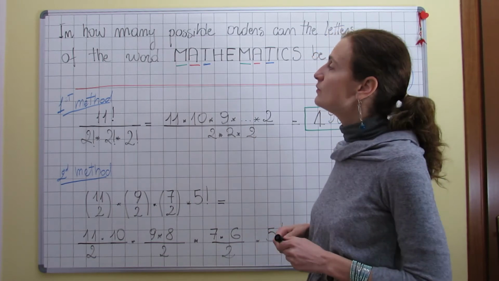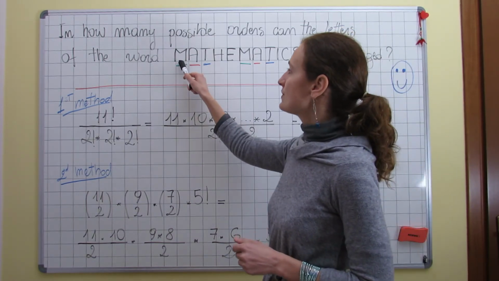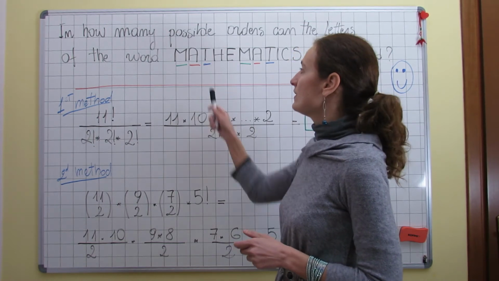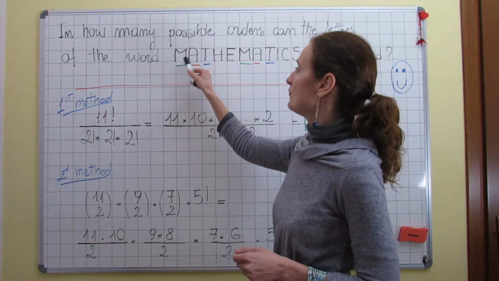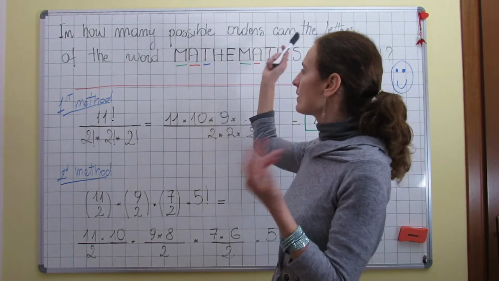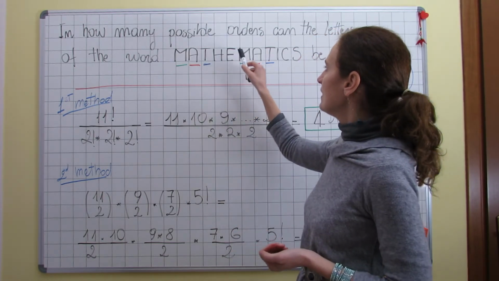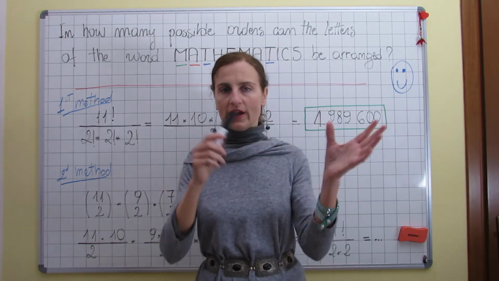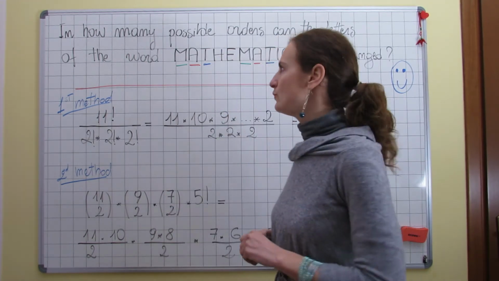So you can put the two M's in the first and in the second cell, or in the first and in the third, in the first and in the fourth, or in the third and in the ninth, etc, etc. How many ways are there to put the two M's?